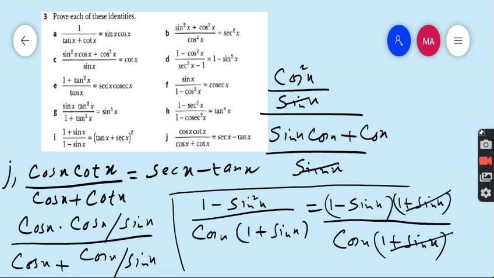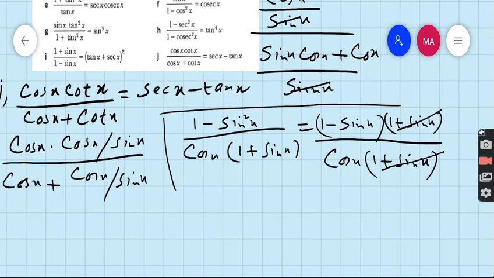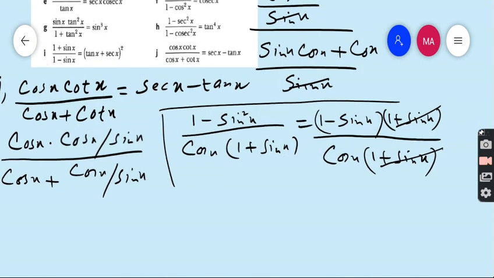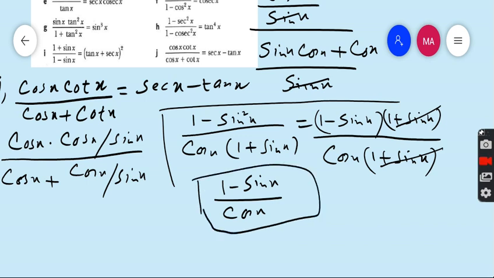This 1 plus sin x is cancelled by this 1 plus sin x. The remaining is 1 minus sin x upon cos x. Now stop. This is the last step of left hand side.